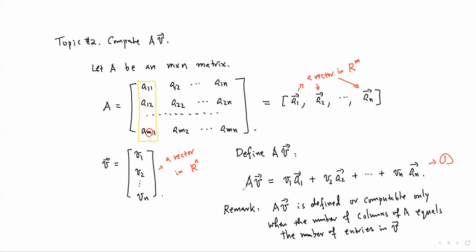Okay, now let me write this equation in detail. I want to have a second formula. A times V is V1 A1 plus V2 A2 plus and so on, Vn An. In detail, A1 is the first column of matrix A.